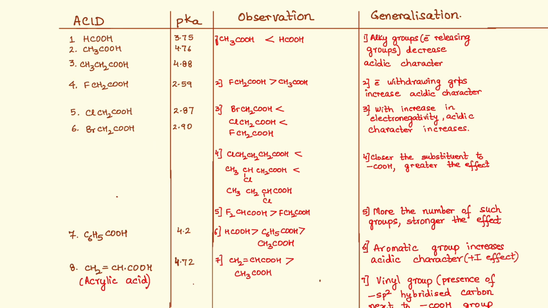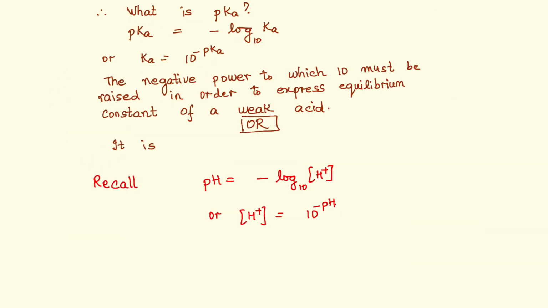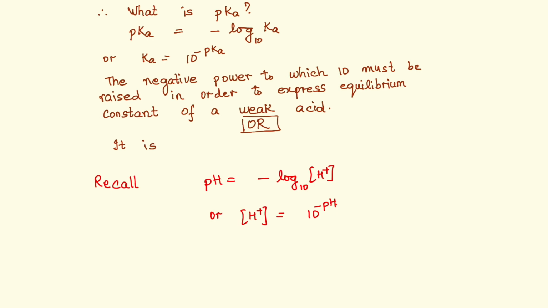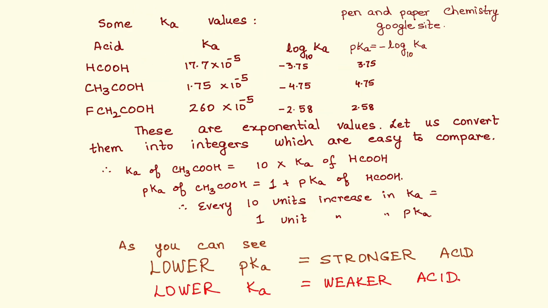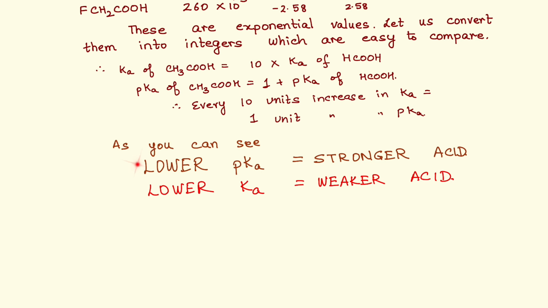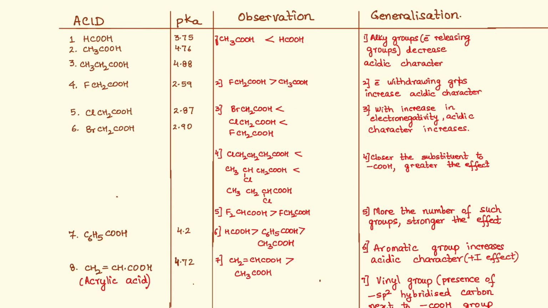Now this is a chart that I have tried to compile, taking into consideration the pKa values of different carboxylic acids. Always remember, lower the pKa, higher the acidic strength. So this is something that we had written: lower pKa, stronger acid; lower Ka, weaker acid. Correct? We are going to use the same in order to compare.